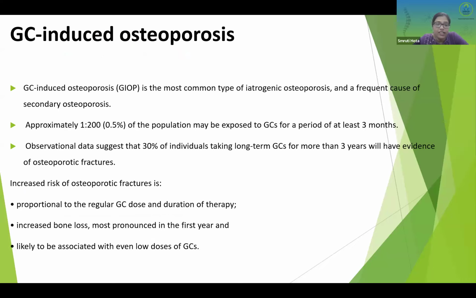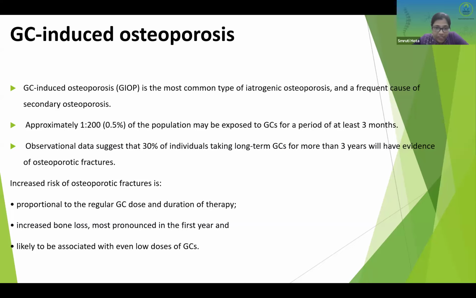Critically, the greatest bone loss occurs in the first year of starting treatment, and even low doses, as little as 2.5 to 5 milligrams of prednisolone daily, are enough to significantly increase the fracture risk. The risk is dose and duration dependent, but importantly, no dose is entirely safe when used chronically.